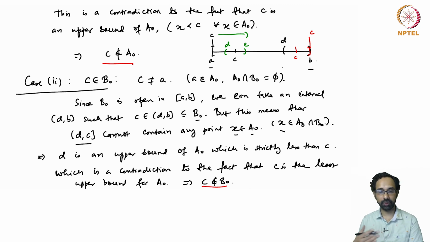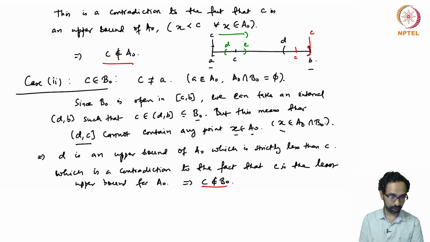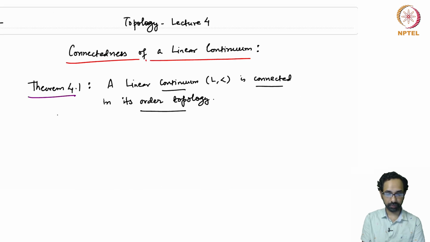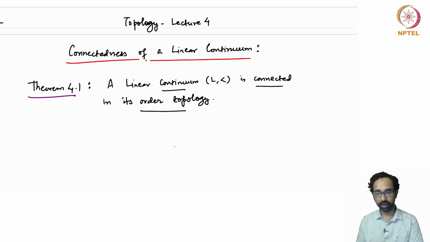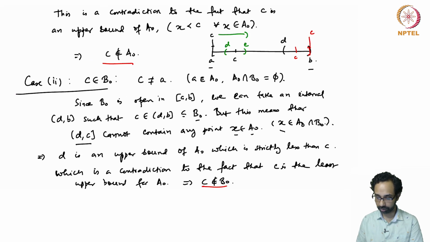And from this result, our main theorem, which was theorem 4.1, let me go back there. The first result we wanted is that a linear continuum is connected in its order topology, because a linear continuum itself is convex. Because of the second property of the linear continuum, it is always convex, and therefore a linear continuum is connected in its order topology. So we have these corollaries.